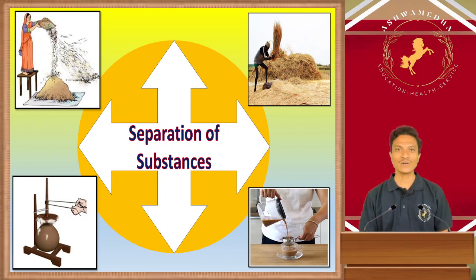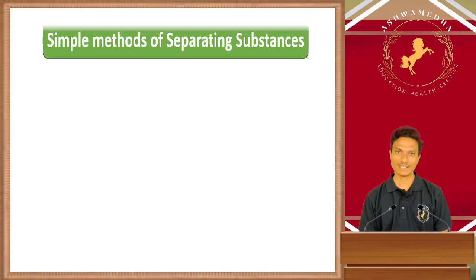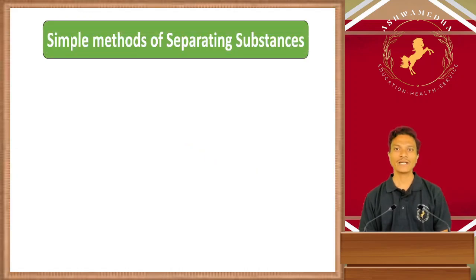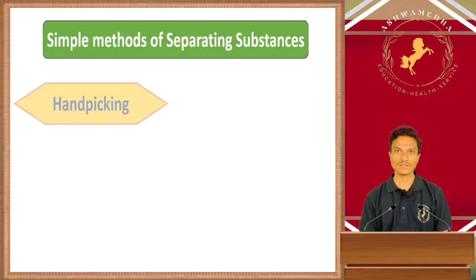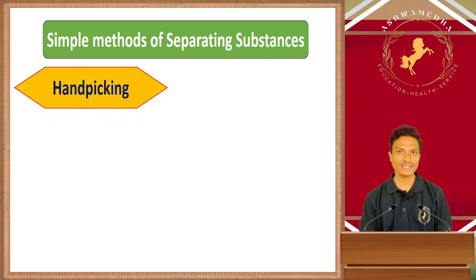So let us look at the concept. In this lesson, we will be learning about 8 simple methods of separation of substances. What are those simple methods? First one is hand picking. I will elaborate and explain it later. Now let us just look at the topic names.